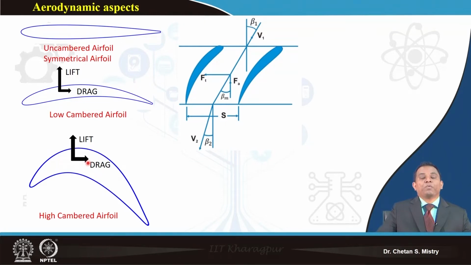The phenomenon we are discussing in terms of lift generation is common for a wing. The cambered airfoil is what we use for the axial flow compressor, and the cambered airfoil for a turbine also generates lift. Let me put this as a force: this is the lifting force we have discussed, and I will have the drag force.